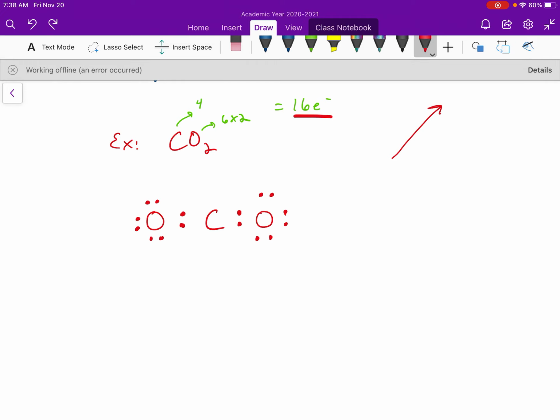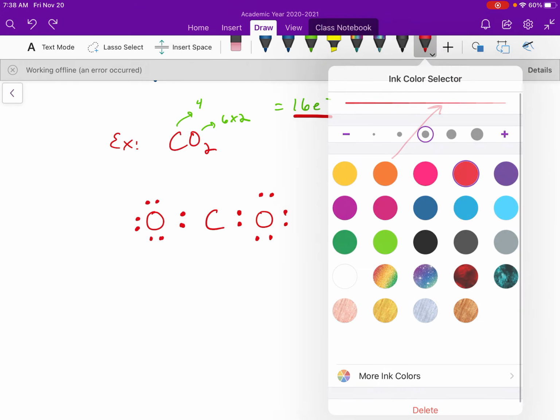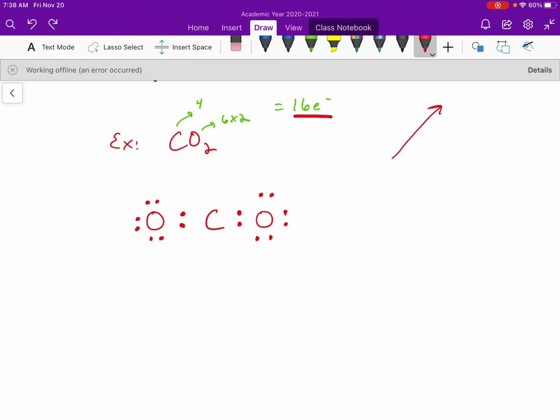I've used 16 electrons. So I already used them all. So now you got to ask yourself the questions, right? Did I use 16? Yep. Is everyone happy? Well, oxygen, good. Oxygen, good. Carbon, not so good. Carbon only has 4 electrons around it. So this is not a valid structure, but I don't have any more electrons to put on the carbon.